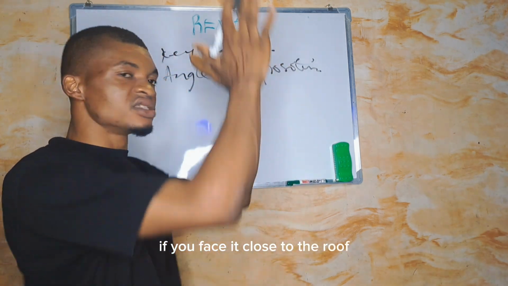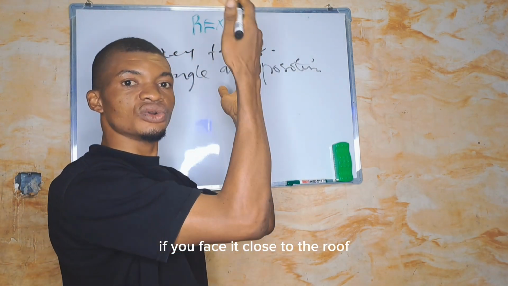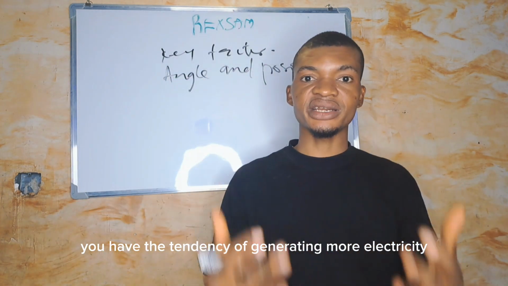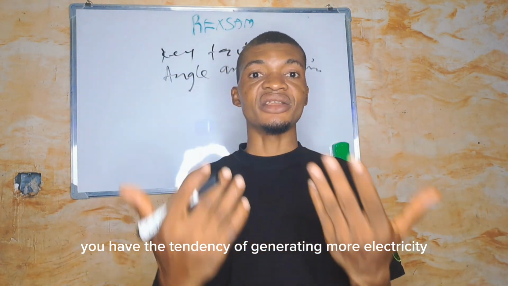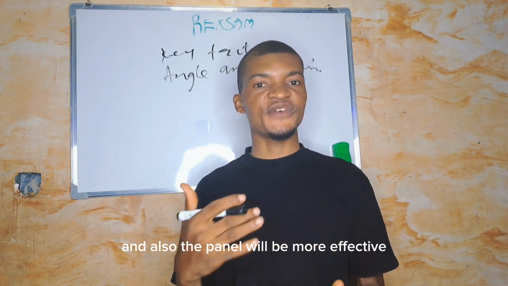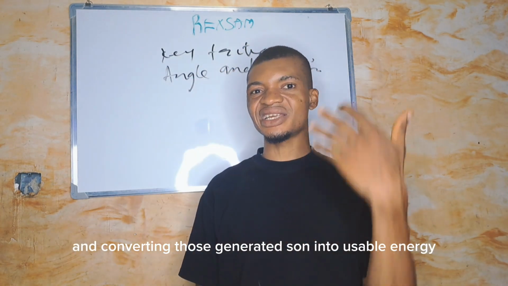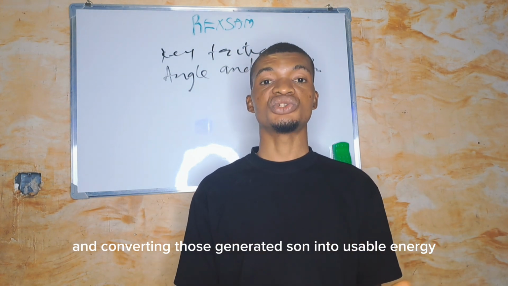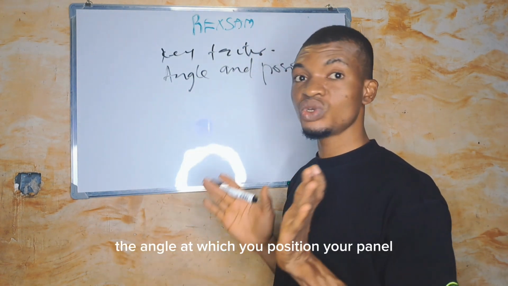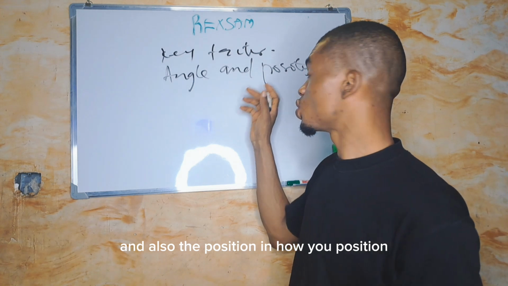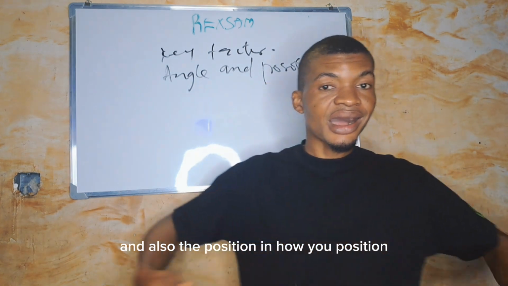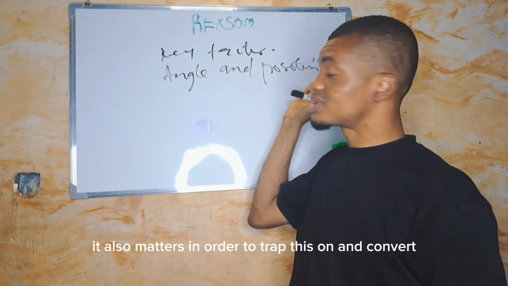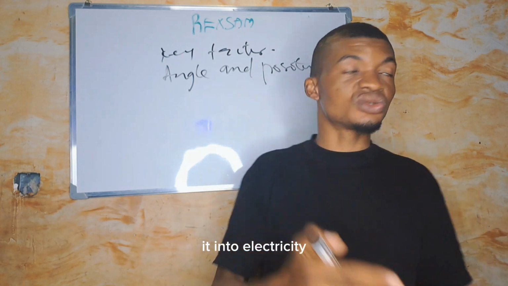If you face it close to the roof or you face it up to the sun, you have the tendency of generating more electricity, and also the panel will be more effective in converting the sun into usable energy. So you consider the angle at which you position your panel, and how you position it also matters in order to trap the sun and convert it into electricity.